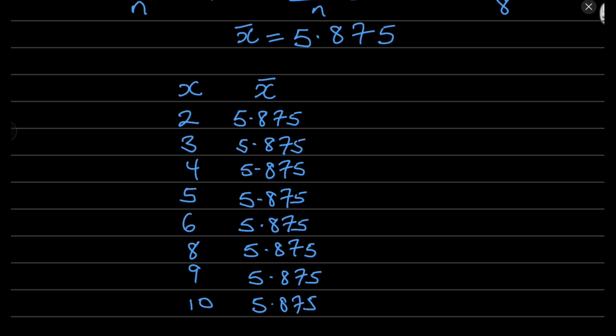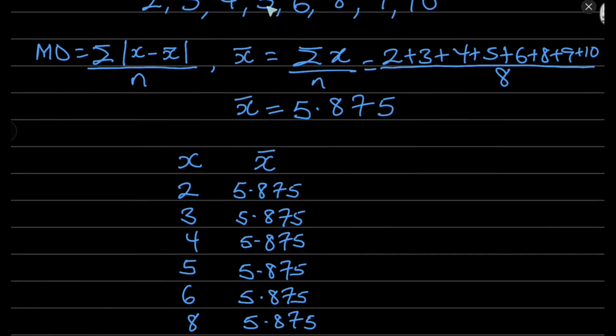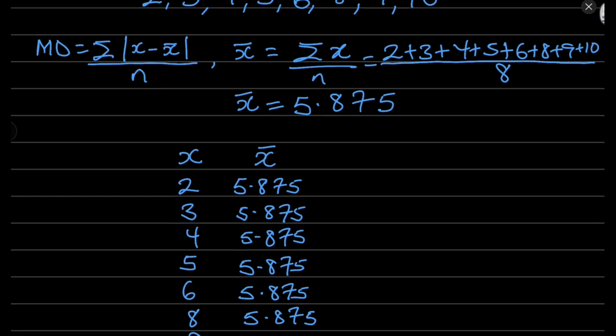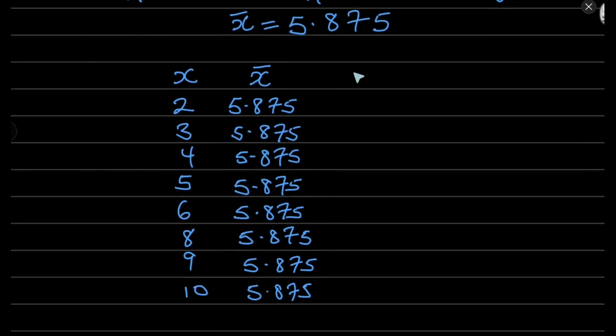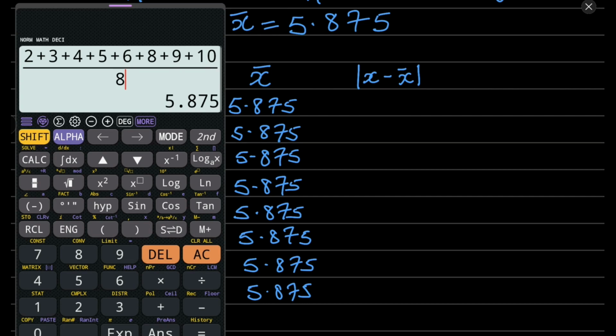After that, you move on to the formula, the absolute value of x minus x bar. So that would mean this minus all of these. You can employ the help of your calculator.